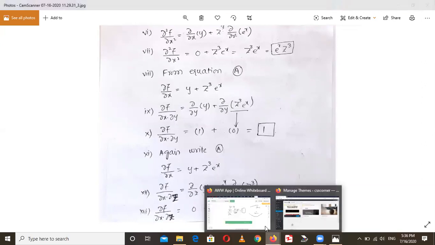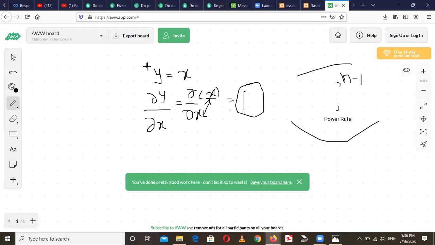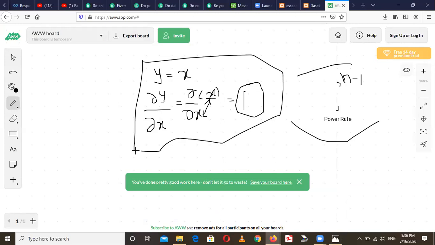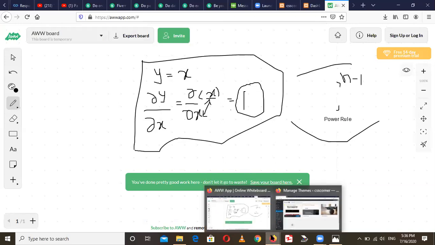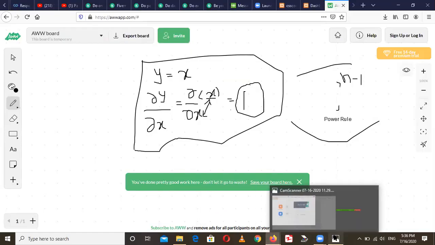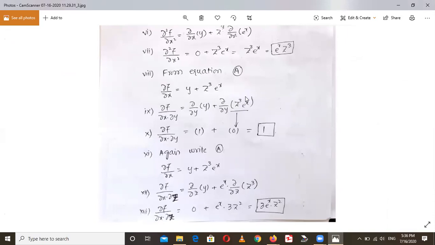And the differentiation of a constant is equal to 0. So 0 plus 1 is equal to 1. So fxy will be equal to 1.